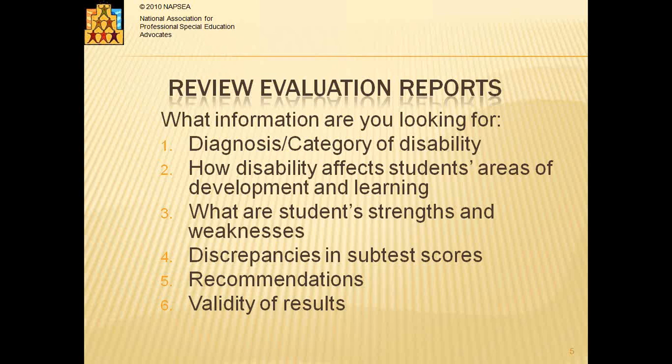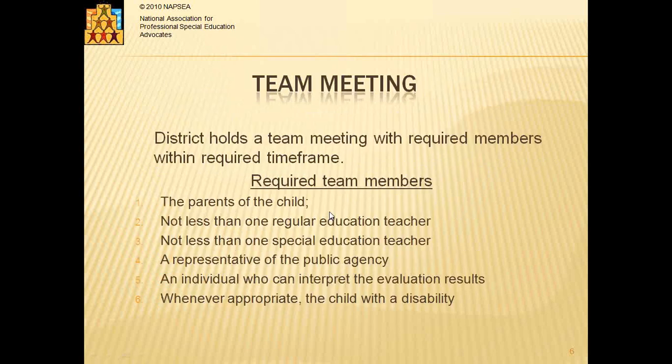Now, sometimes you have a child who may be having difficulty, may be fatigued, may be inattentive, may be disruptive, and so the validity of the results may not be accurate. What that means is that the child may have better skills than what is showing on the report, or perhaps the skills shown on the report are not reflective of what the student is able to do.